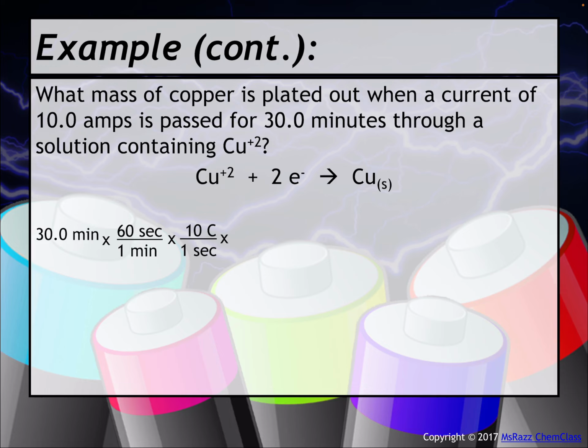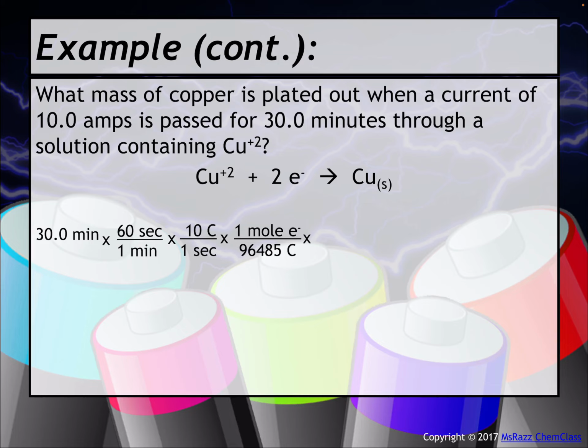We start with 30 minutes, change that to seconds, then change seconds to coulombs using the current. Now we use Faraday's constant, which changes coulombs to moles of electrons. Faraday's constant is on the equation sheet. Notice that we have to take care to make our units cancel.